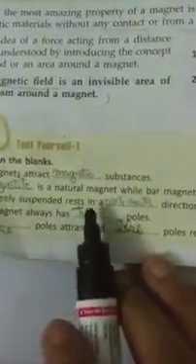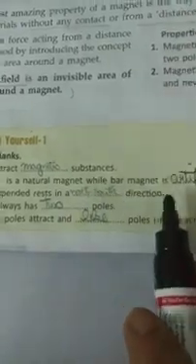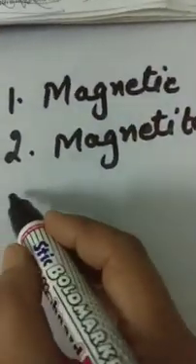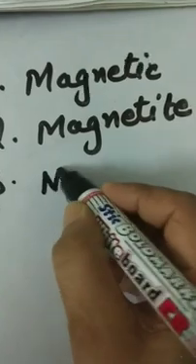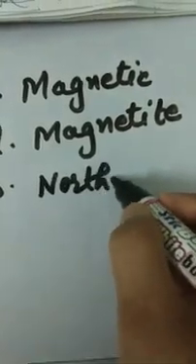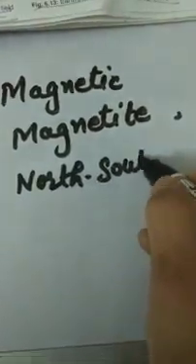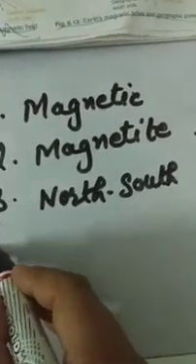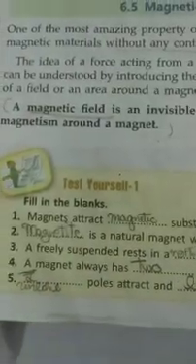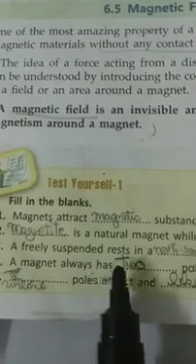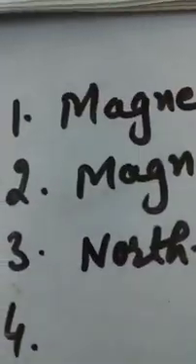A freely suspended magnet rests in a dash direction. North-south direction. A magnet always has dash poles.